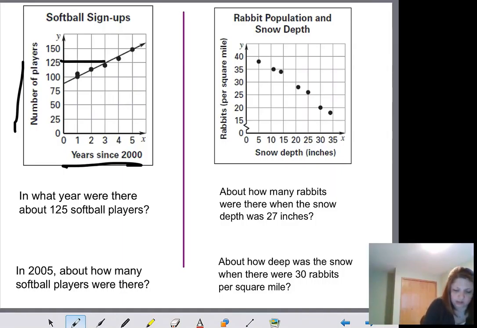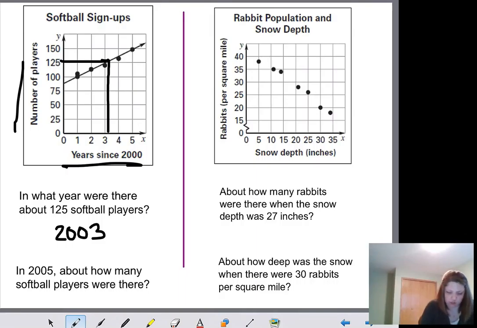You draw your line, and when you intersect the given line, I want you to stop, and then go down. That will show you that it's 2003, maybe February, but they're asking just for the year. So in 2003 we had 125 players.